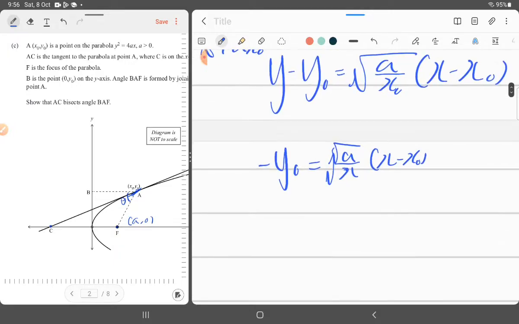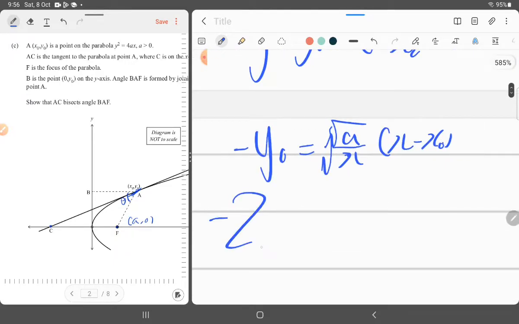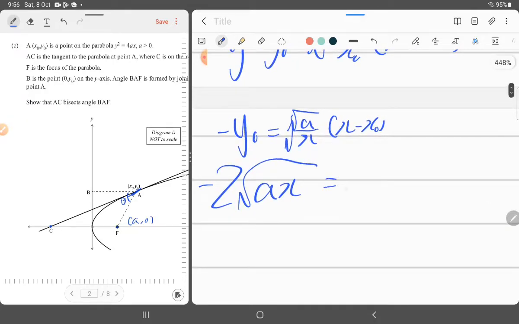So I probably want I take away the square root of x, square root of a over x.